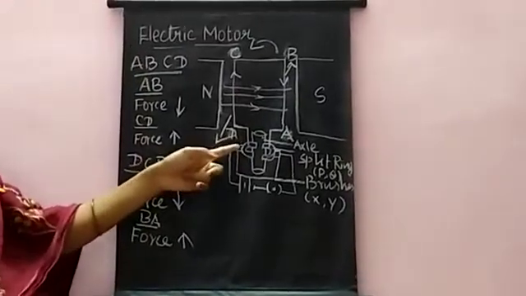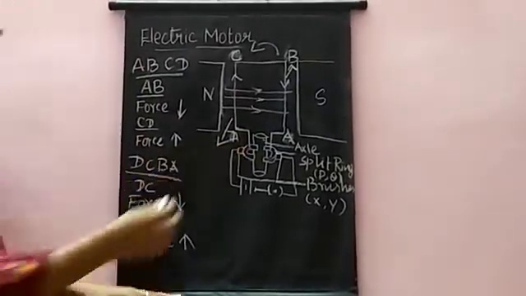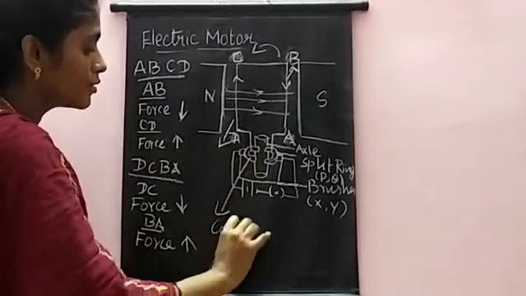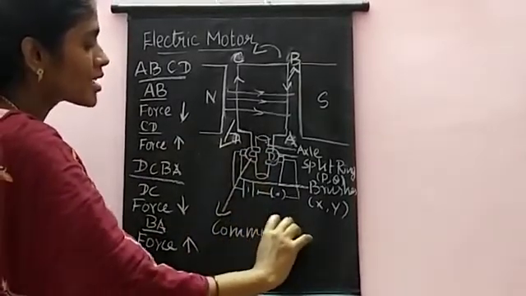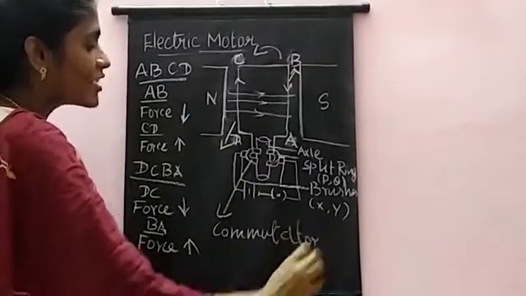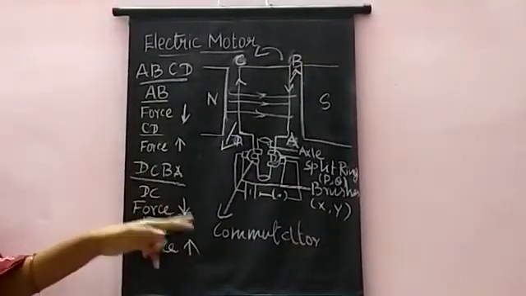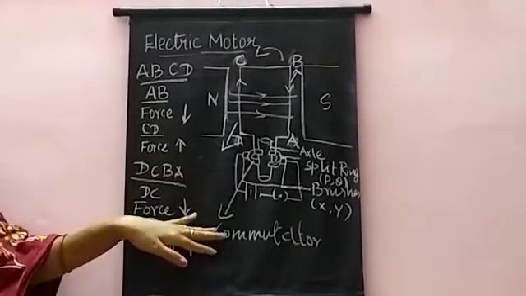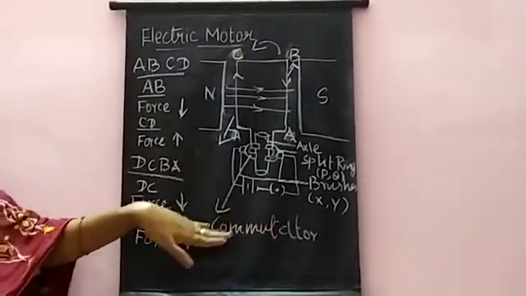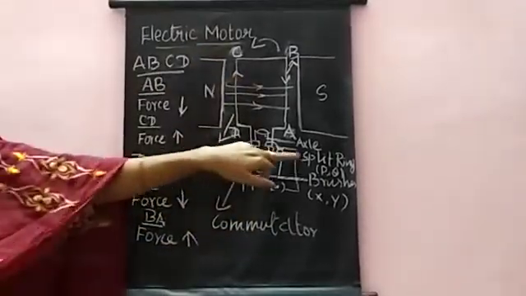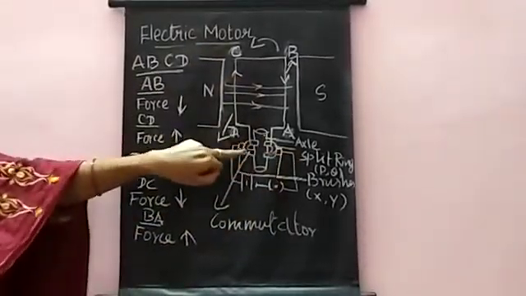The axle and the split rings act as a commutator. What does commutator mean? A commutator is a device that reverses the direction of the current flowing in a circuit. In the circuit, the split rings act as a commutator.